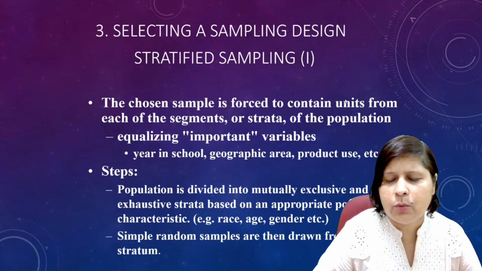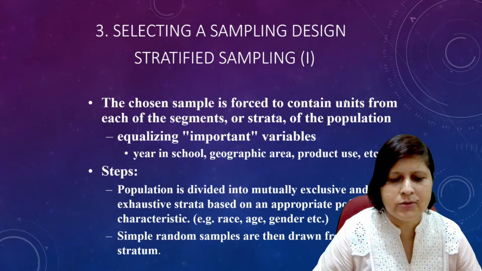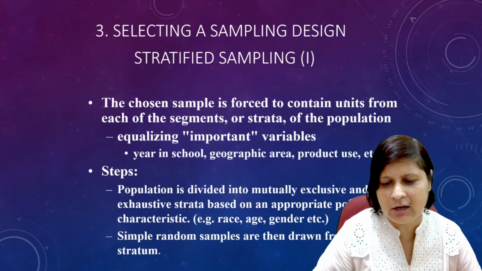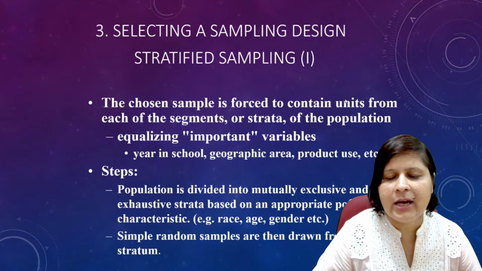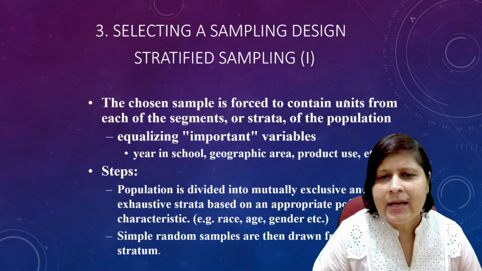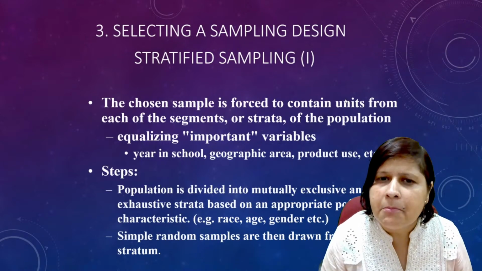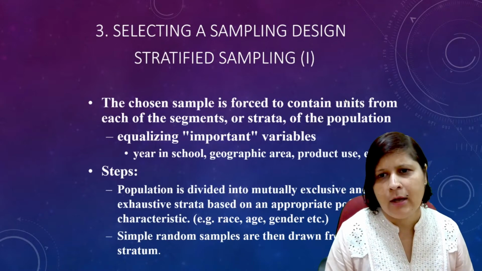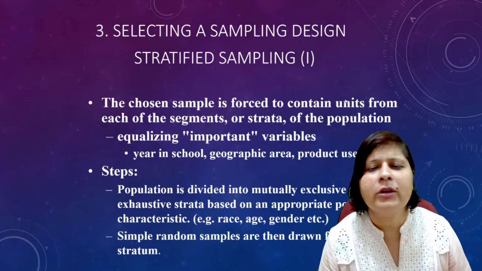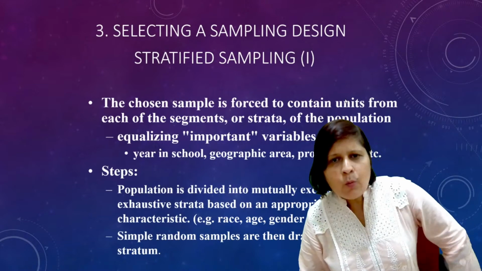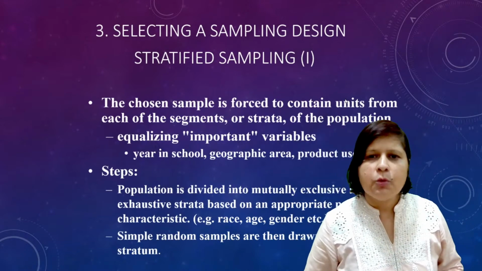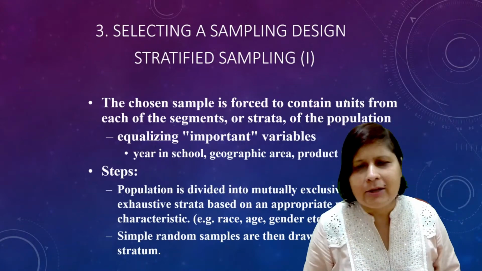Then the population is divided into mutually exclusive and exhaustive strata based on appropriate characteristics. Mutually exclusive and exhaustive means one can be a member of one group only, and cannot be a member of more than one group. Suppose I want to find out the smoking habits of males and females.